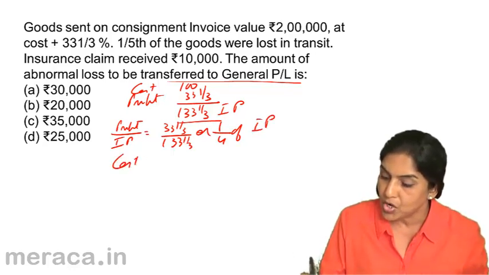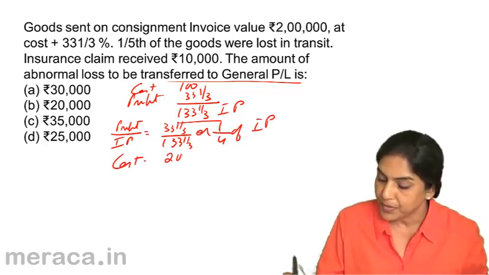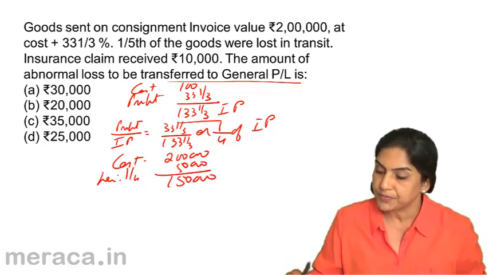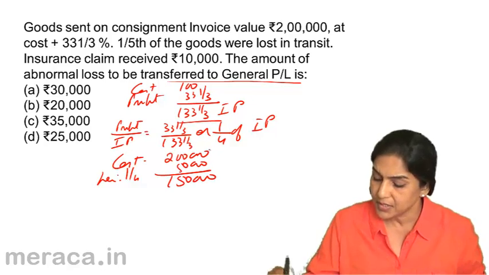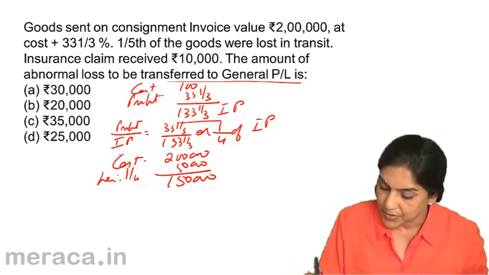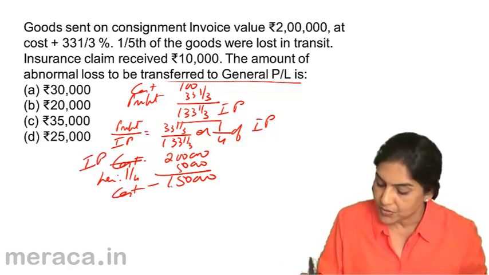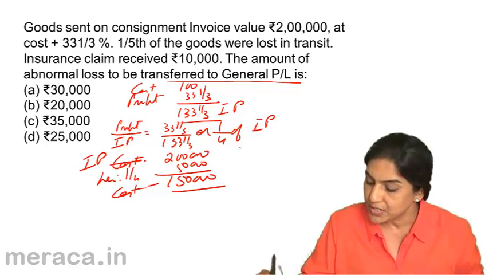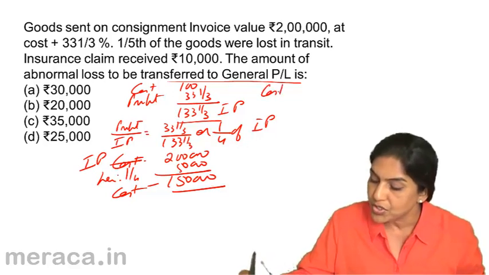So what is the cost of the goods? 2 lakh less 1/4 being the profit, that's 50,000. Cost is 1,50,000. Now 1/5 of the goods is lost in transit. So cost of goods lost in transit.